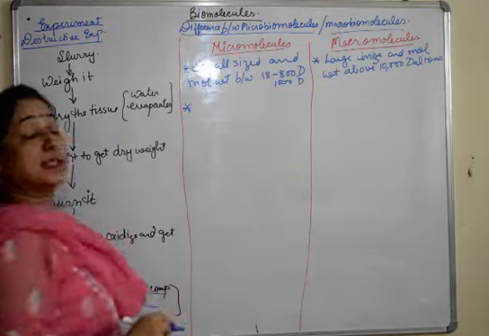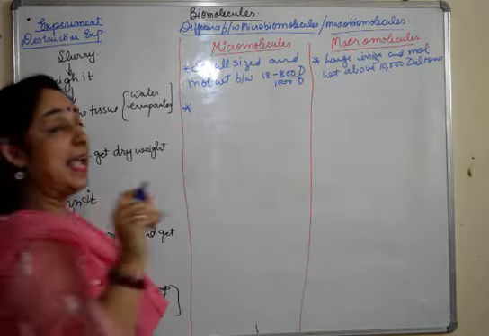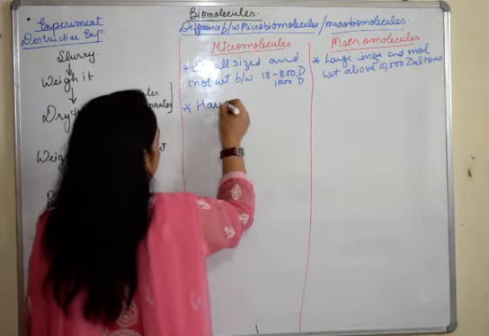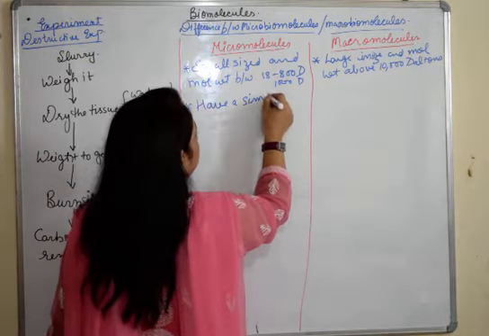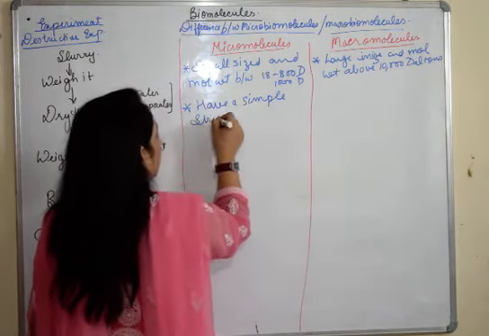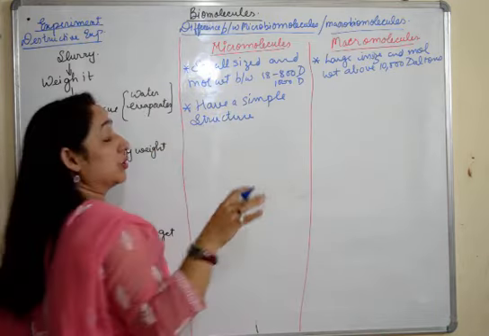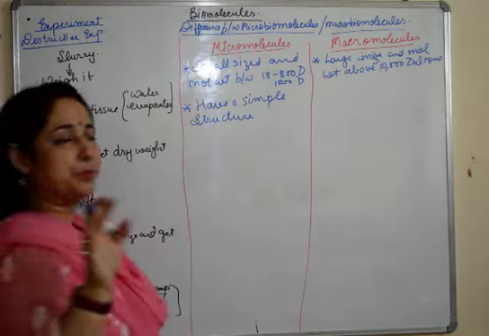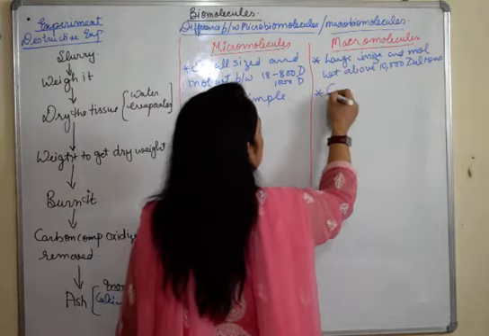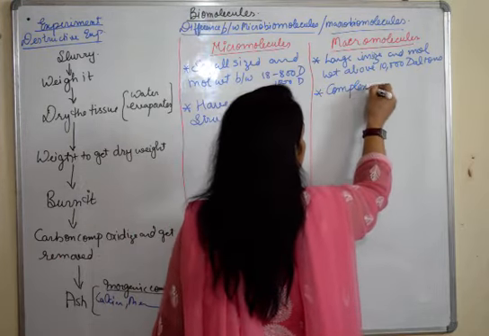Then the next feature is that micromolecules have a very simple structure, whereas macromolecules have a complex structure. We will be talking about the structures in detail.